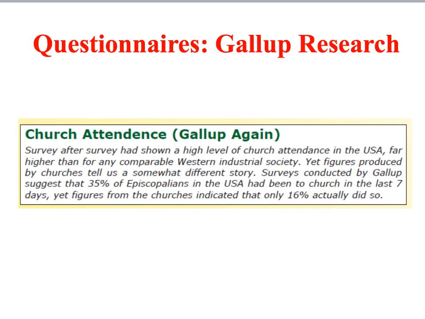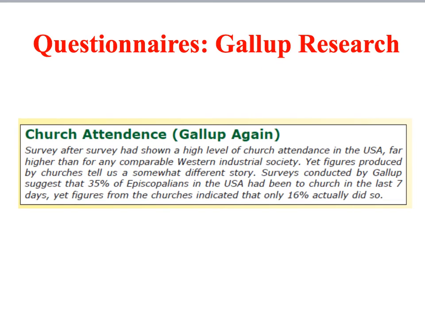Another problem with questionnaires arises when respondents give socially desirable answers rather than answers that are true and accurate. This can obviously affect the validity of questionnaire data. For example, questionnaires have consistently shown a high level of church attendance in America, according to research carried out by the Gallup opinion poll company.